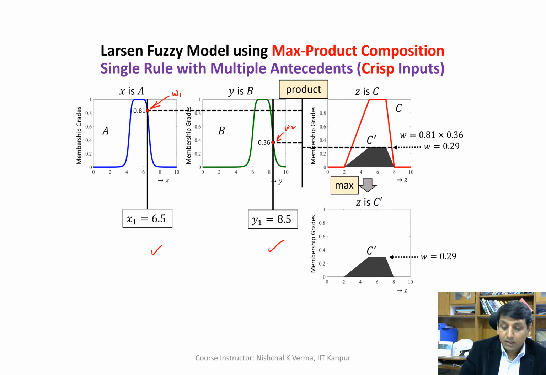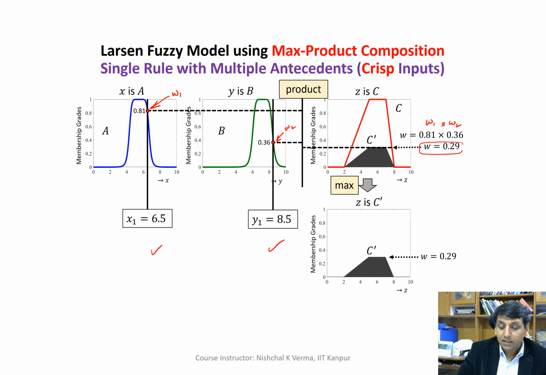So here in max product composition, instead of taking the min, we'll take the product of these two. So we take the product W1 into W2, and we get the rule strength, the firing strength of the rule, or the final weight of the rule, W is equal to 0.29.